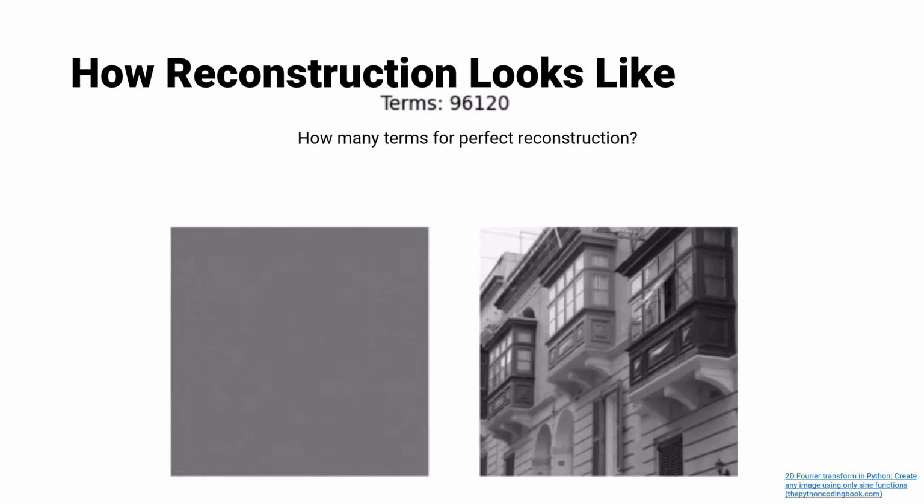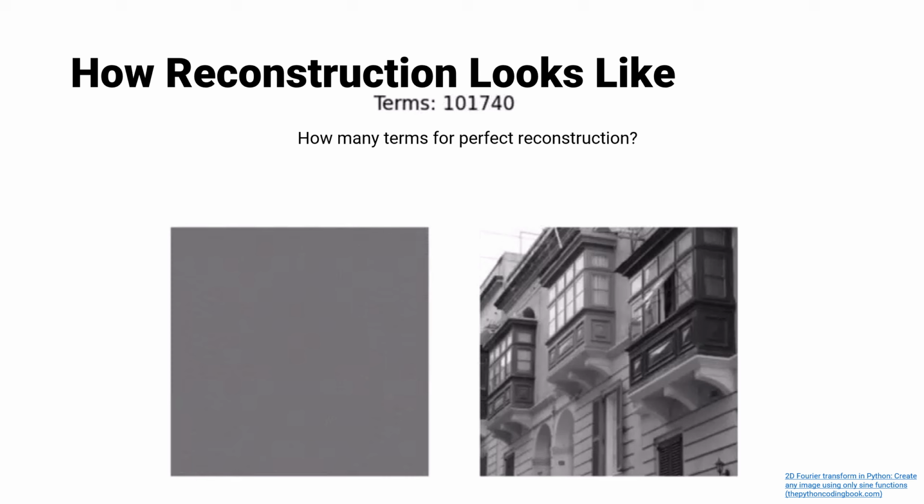Though the original image has over 100,000 of these terms, with just a few terms, we can reconstruct the full image. This means that this is one of the amazing ways to compress the image into a much smaller number of pixels.